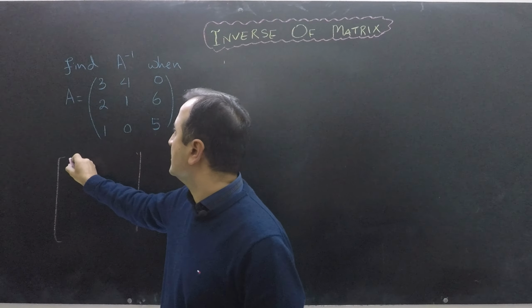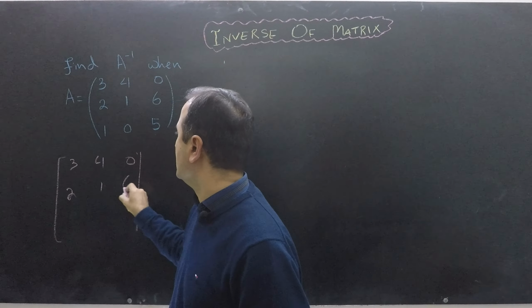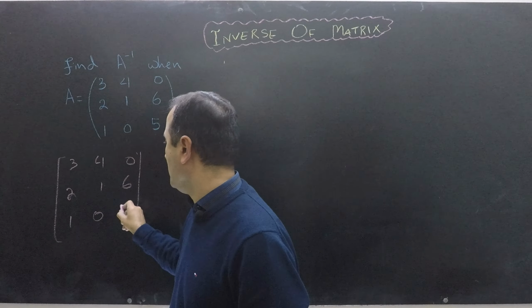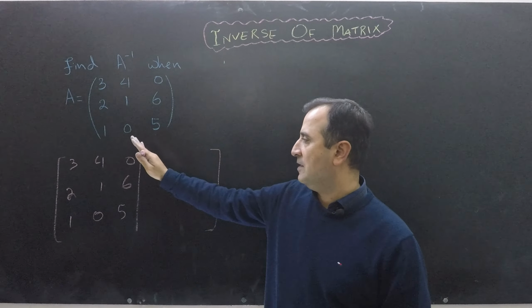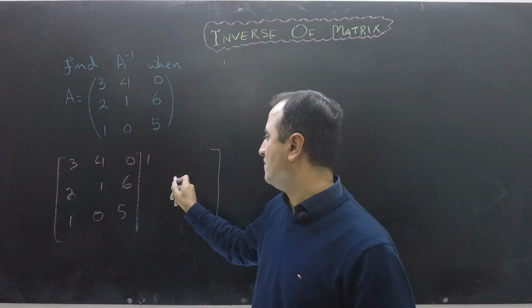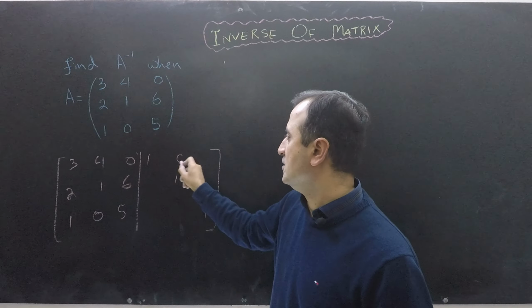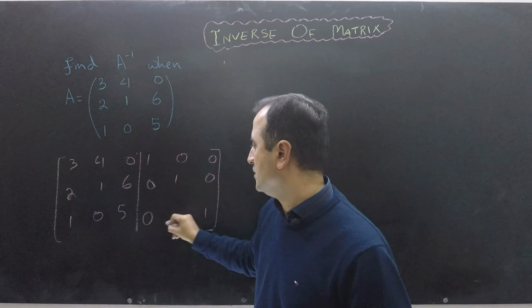Right here 3, 4, 0, 2, 1, 6, 1, 0, 5, and right here the identity matrix. In the identity matrix we have ones in the diagonal and the rest of the entries are 0.